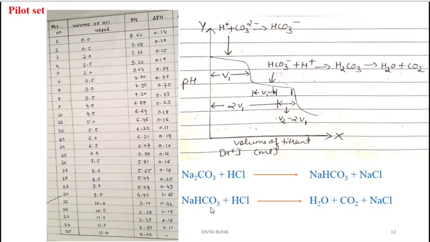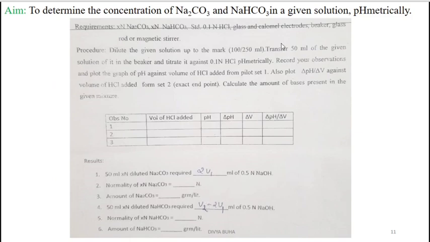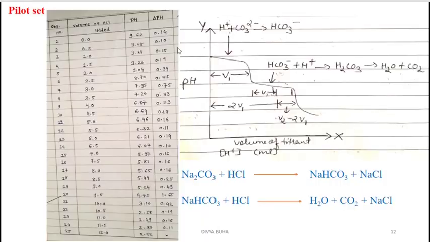Now this NaHCO3 over here would be of two types. One would be the NaHCO3 which has been obtained due to the half neutralization of Na2CO3, and another type would be the NaHCO3 which is already there in the sample, right? Again I am repeating, NaHCO3 would be of two types.